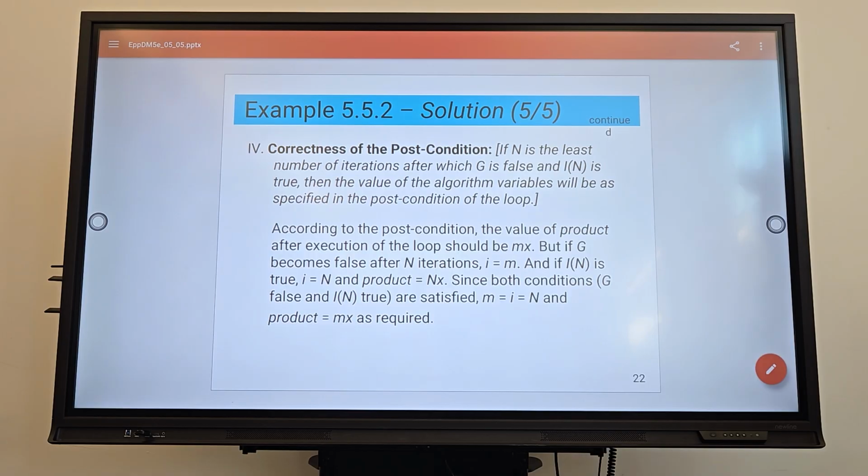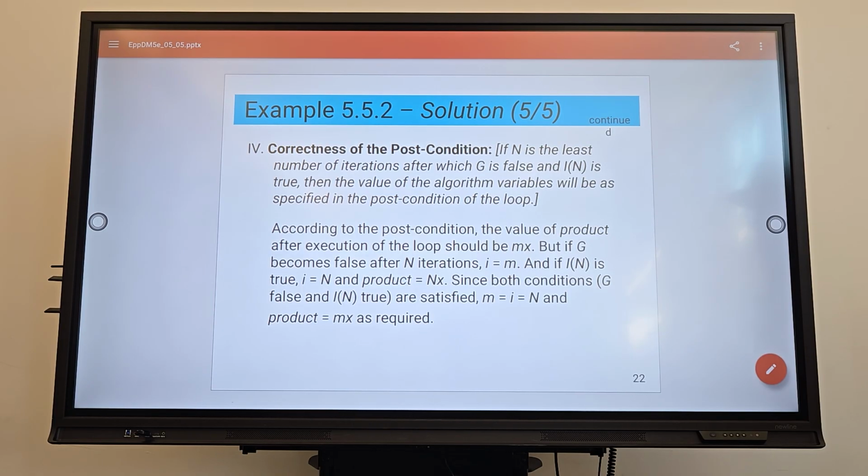Correctness of the postcondition. According to the postcondition, the value of the product after execution of the loop should be m times x. But if G becomes false after big N iterations, i equals m. And if I of big N is true, then i equals big N and product equals big N times x.